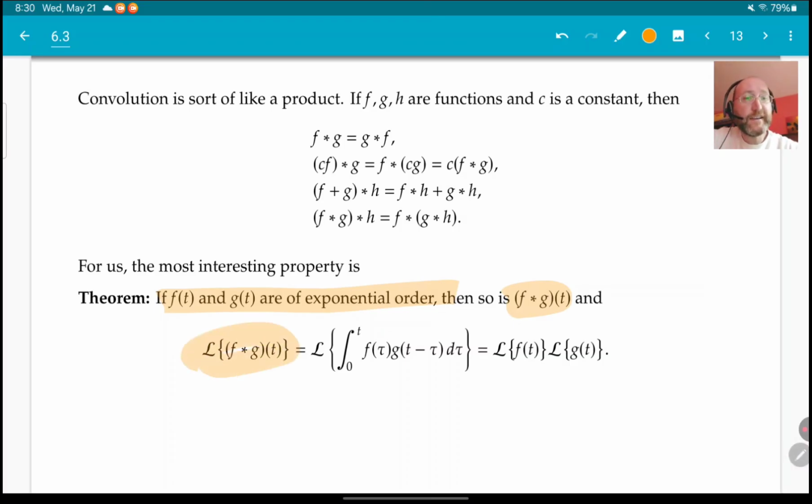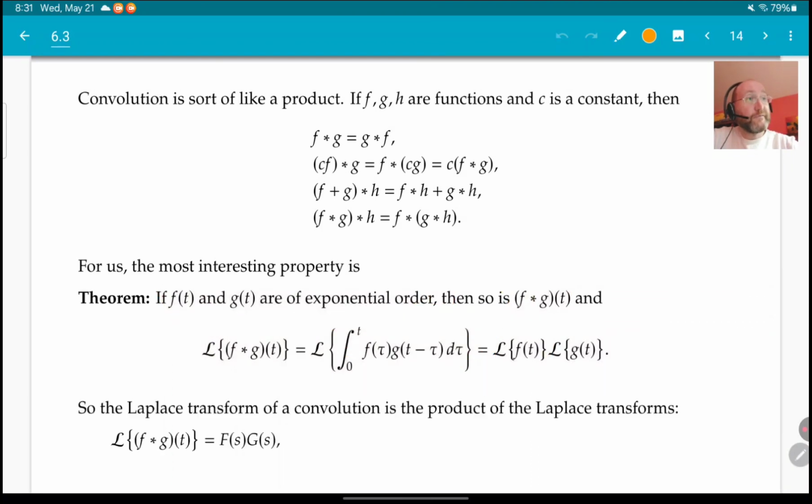And if I take the Laplace transform of f star g, it is equal to the Laplace transform of f times the Laplace transform of g. So the Laplace transform of a convolution is the product of the Laplace transforms.